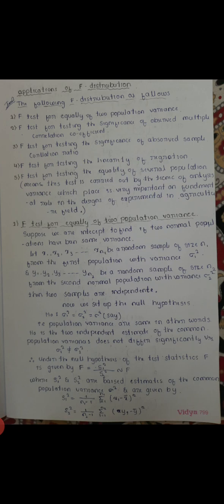Therefore, under the null hypothesis, the test statistic F is given by F is equal to s1 square by s2 square, which follows F distribution, where s1 square and s2 square are unbiased estimates of the common population variance sigma square and are given by s1 square is equal to 1 upon n1 minus 1, summation i equal to 1 to n1, (xi minus x bar) whole square, and s2 square is equal to 1 upon n2 minus 1, summation i equal to 1 to n2, (yi minus y bar) whole square.